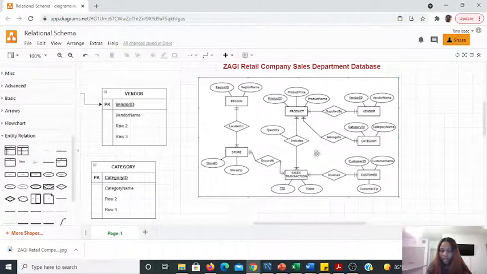I think the last one is the many-to-one relationship between product and category. Many products can belong to one category, and the foreign key will be category ID.